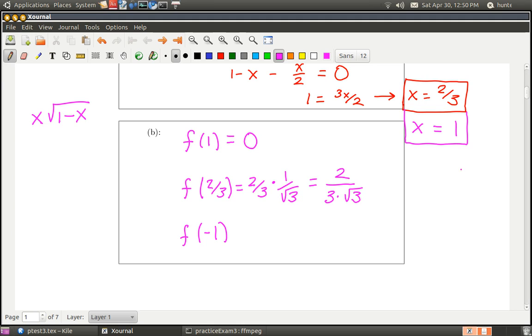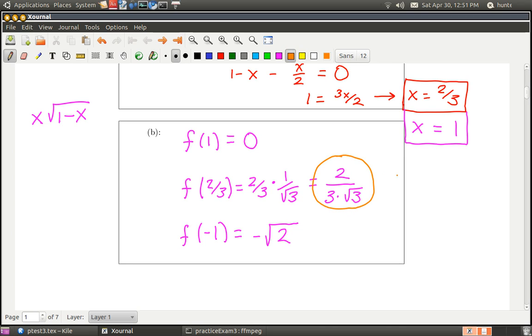Okay, and now what happens when we plug in -1? I get minus the square root of 1 plus 1, which is 2. So it's negative square root of 2. Okay, alright, and so the biggest number that comes out is clearly this.